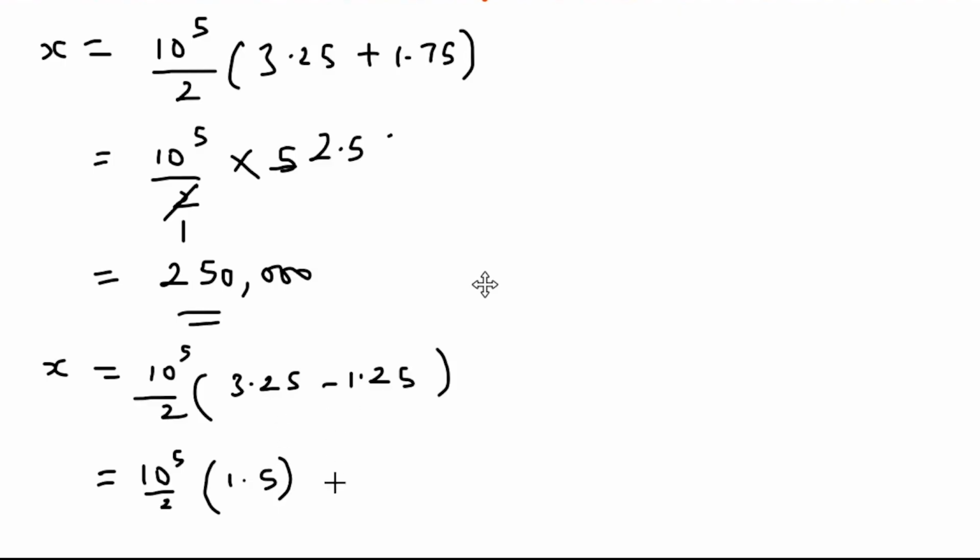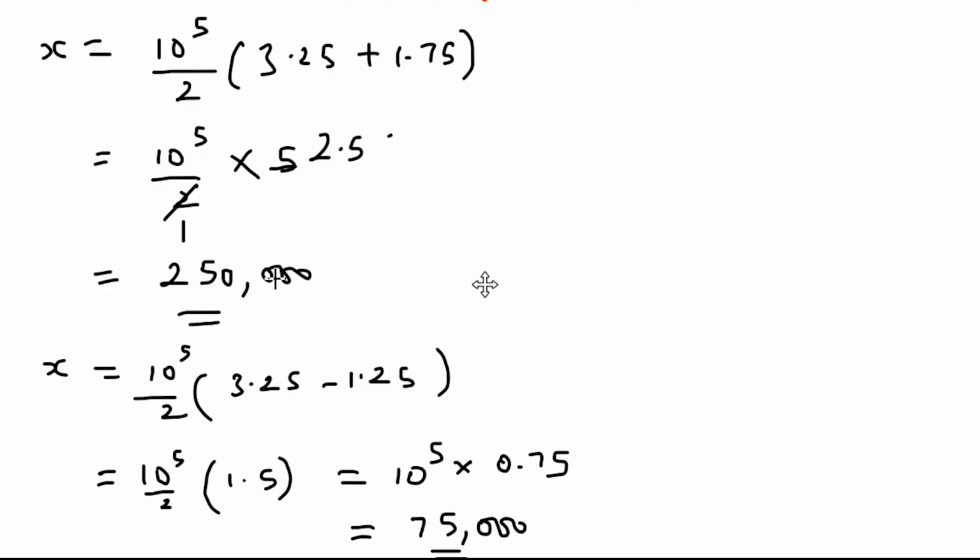Yeah, this is 1.5. So on dividing, this is 10 to the power 5 times 0.75, and this is equal to 75,000. Now we found the value of x.